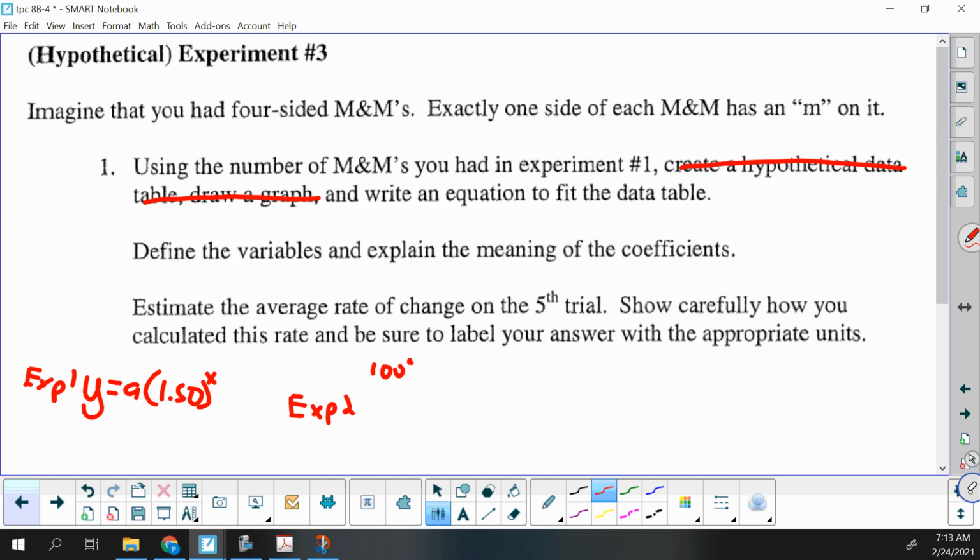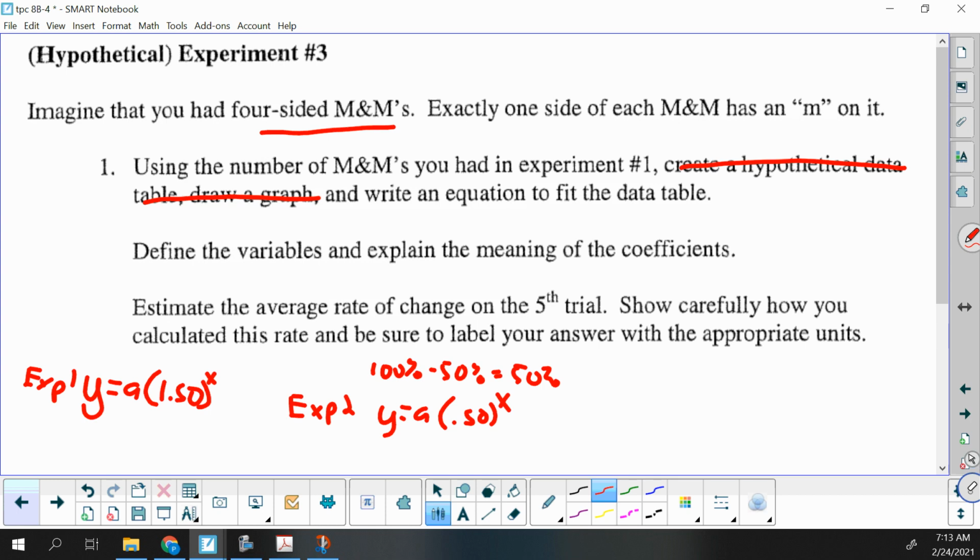So 100% minus 50% gives us 50%. Okay, so notice for this one, we'd have whatever our a value was, and we'd have 0.50 to the x. That's what we would have had theoretically in experiment 2. So you need to figure out theoretically what would we have if there's a 4-sided M&M, an m on one side, and we're adding each time. So you should be able to come up with an equation.